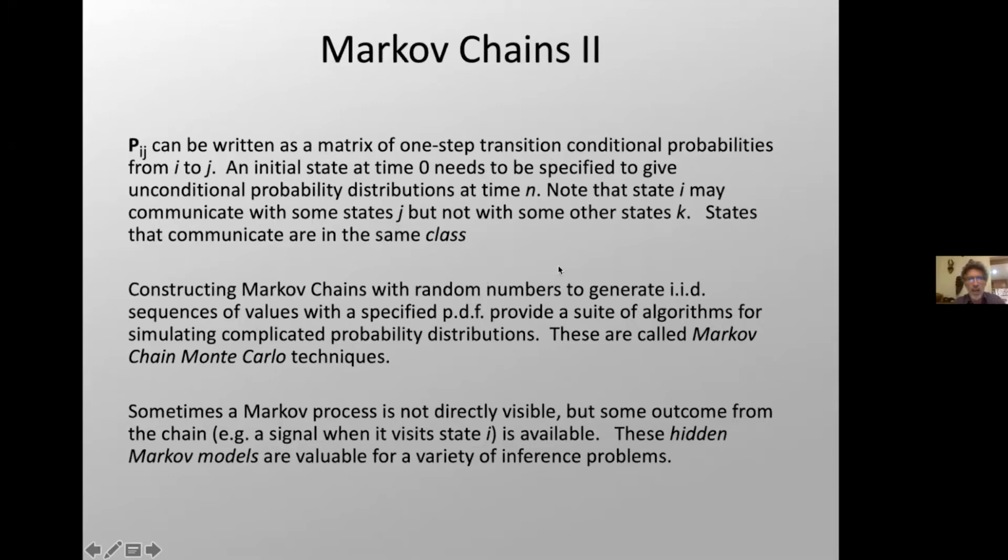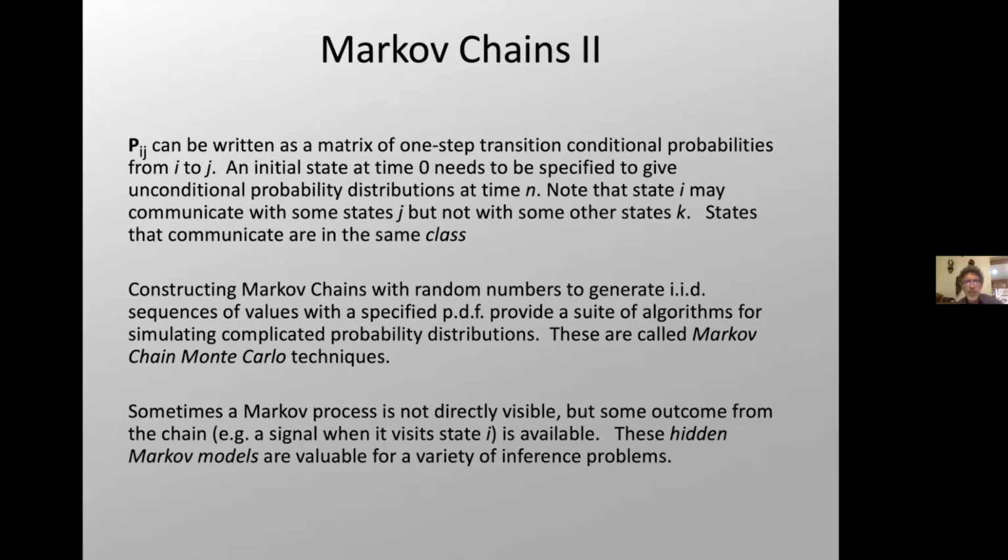Very often we use random numbers to generate IID sequences of values, but the Markov chain, using this matrix of transition probabilities, adds these non-random characteristics to it. It's correlated with the past, very much like the random walk. It has a correlated motion across the space.